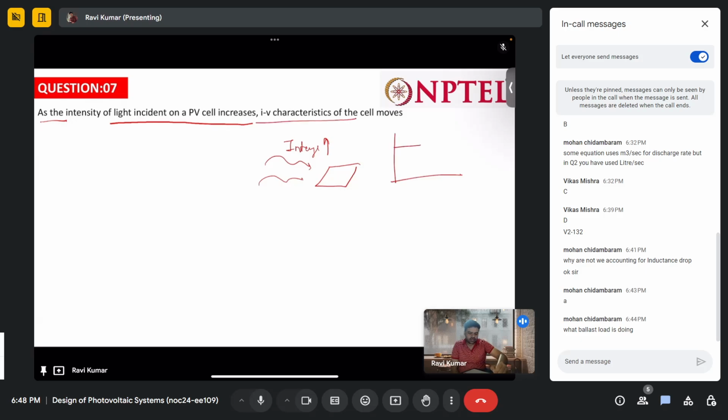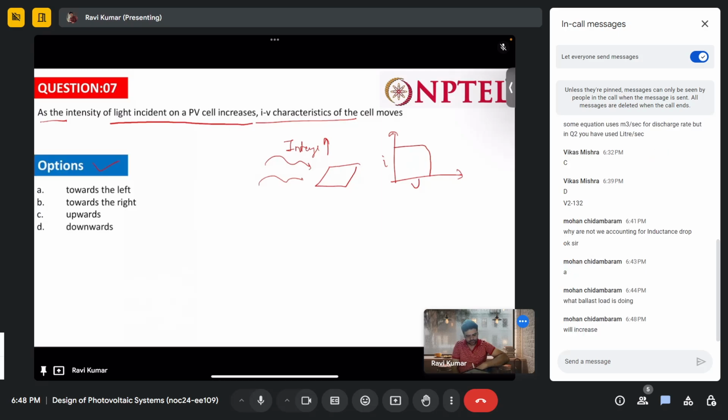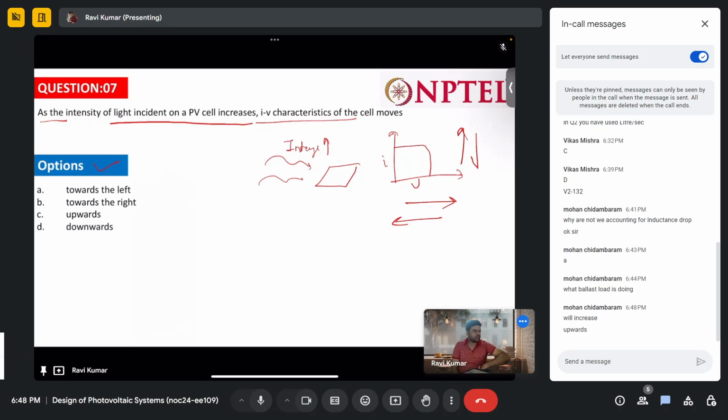If this is the IV characteristics, will it move this way or this way? These are the four options.